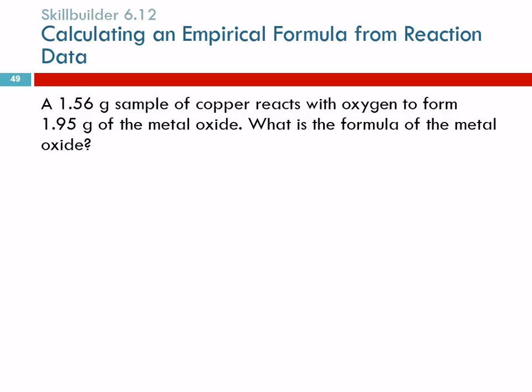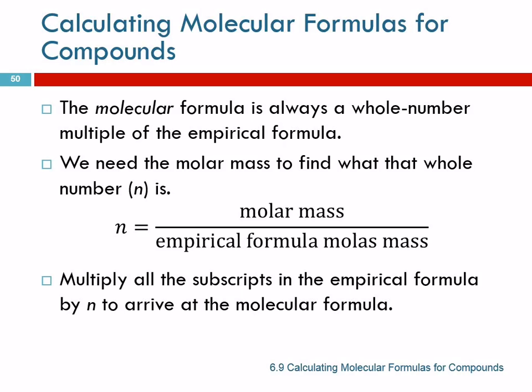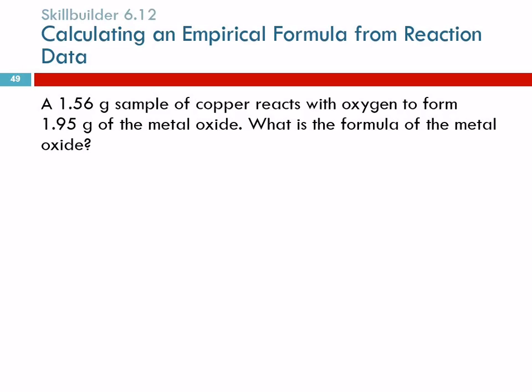Well, what is this stuff here? Let's write a very simple equation just describing what happens, just using words. So we've got copper reacting with oxygen. In Chapter 7, we're going to learn how to write chemical formulas.